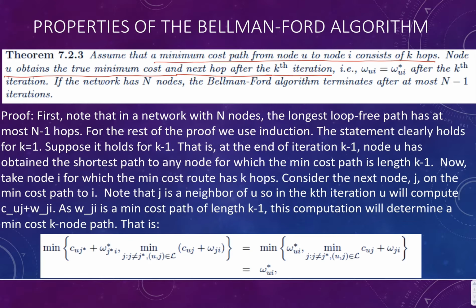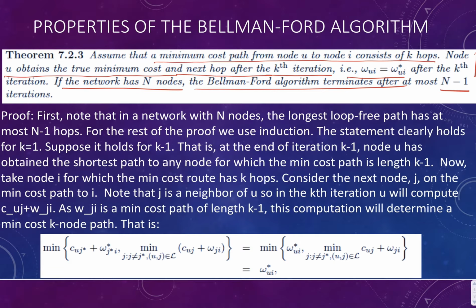So once the kth iteration is done, the cost of node U has been set to its optimal cost, and it's not going to change after this. Once we prove this, a consequence is that if the network has n nodes, clearly there cannot be a path longer than n-1 links. Therefore, the Bellman-Ford algorithm must terminate after at most n-1 iterations.